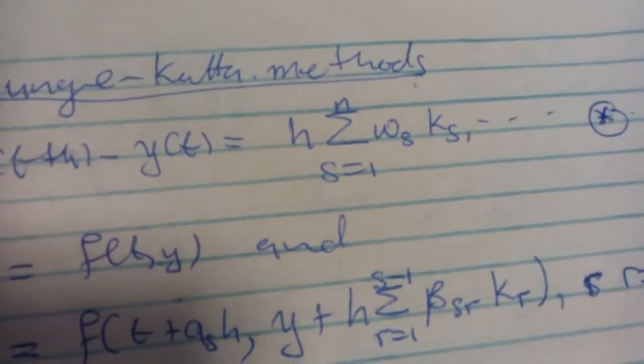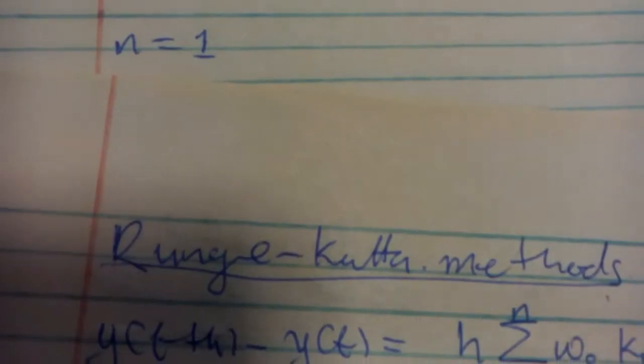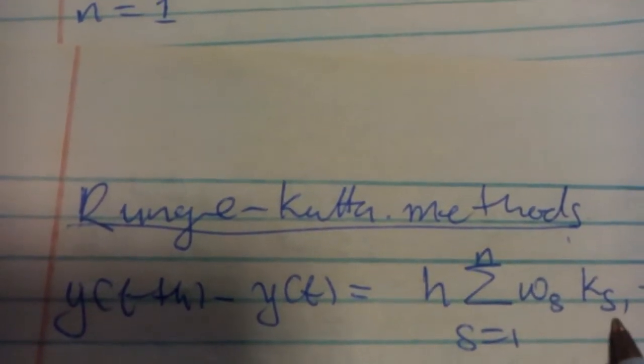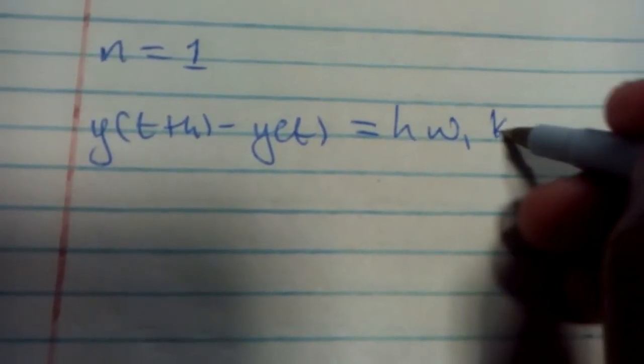So I'm going to get y(t+h) - y(t) equal to the general case, which is going to be given by the case when n is equal to 1 here. So it's going to be h w1 k1.